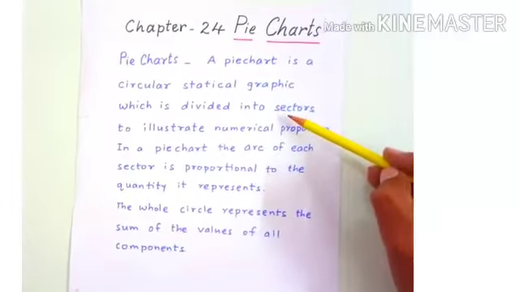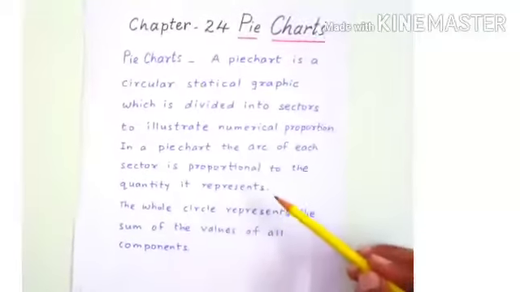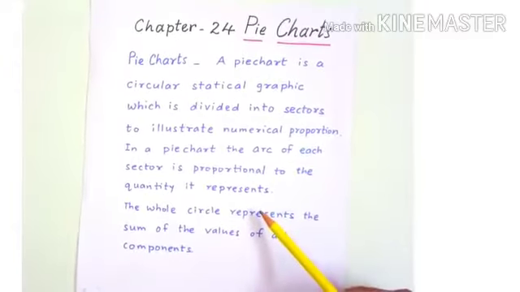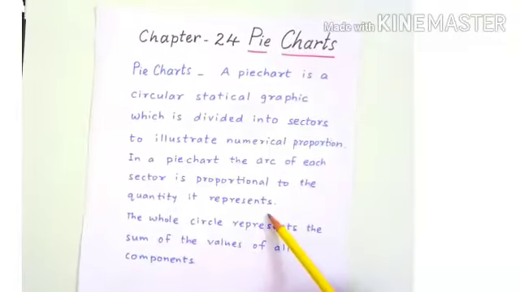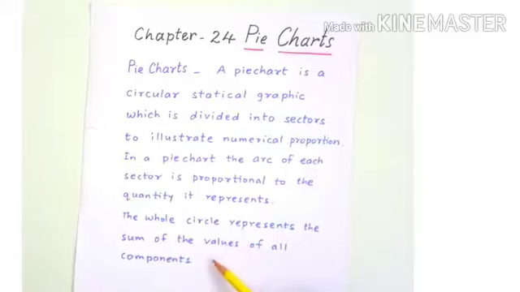A circle is a complete angle, which is equal to 360 degrees. So for making the pie chart, first we need to find the central angle of the circle.